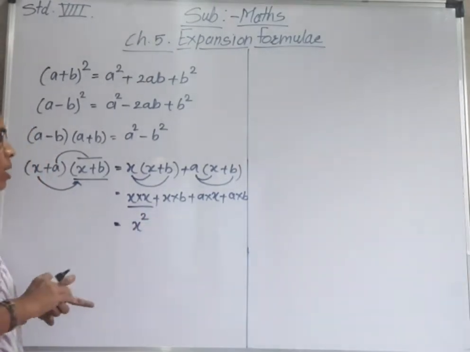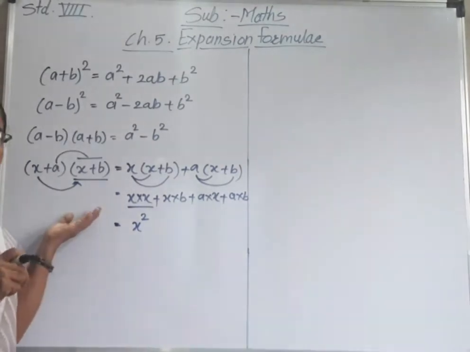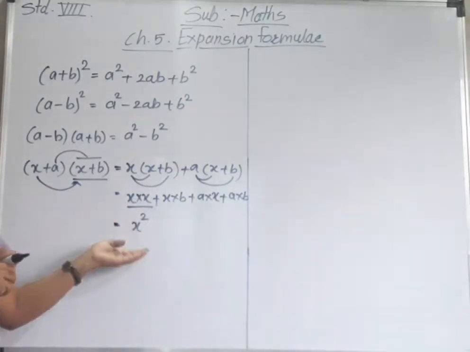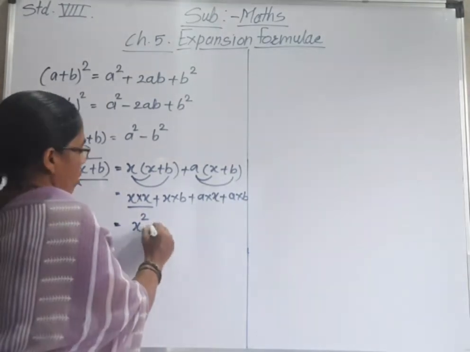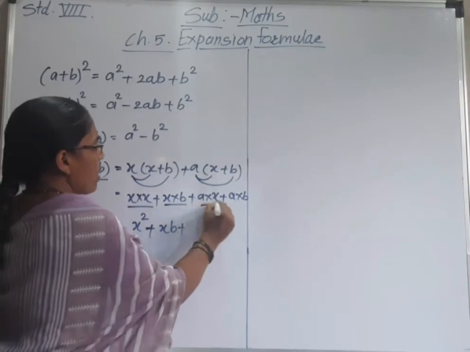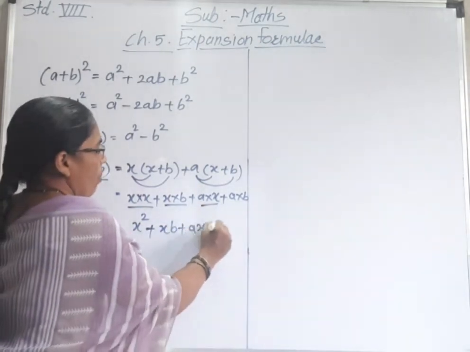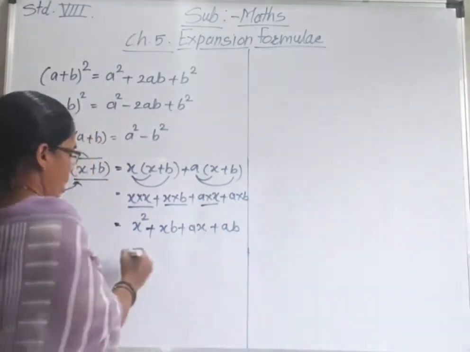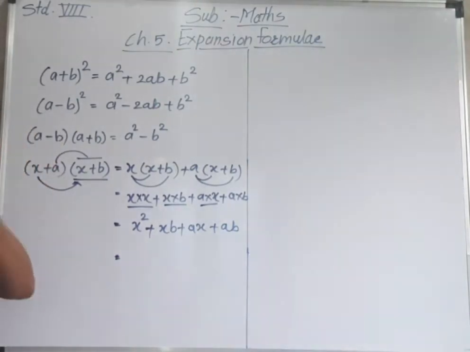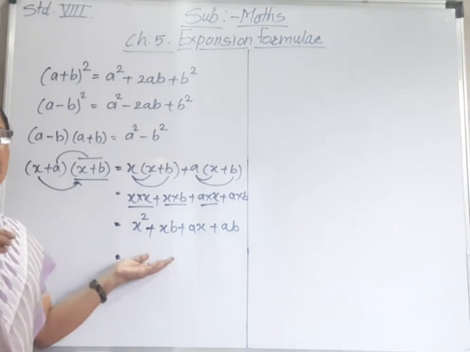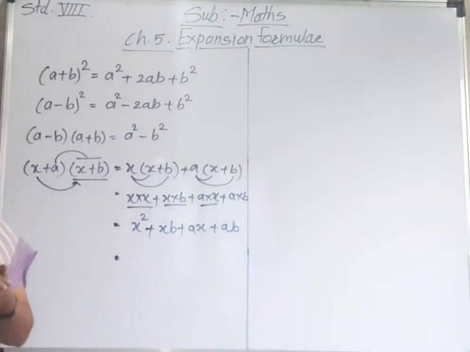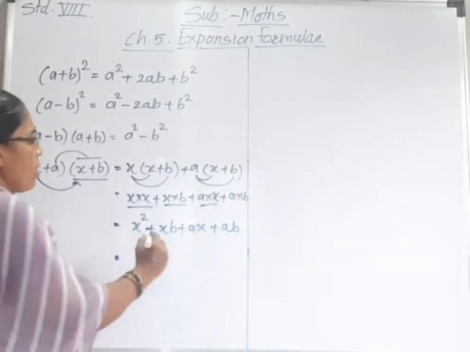It is equal to x into x, that is x square. As we know, when we multiply any number by itself, we get the square. So x into x is x square, plus x into b, that is xb, plus ax plus ab. Now if there are like terms, then we have to add or subtract those like terms.